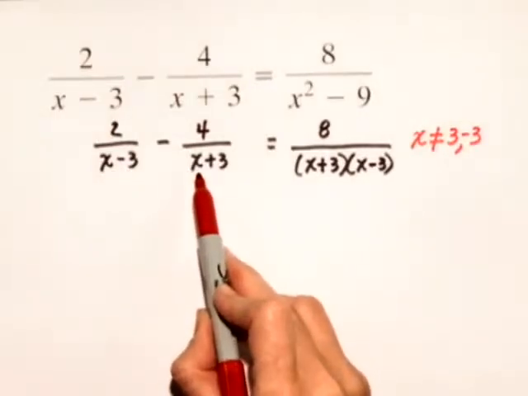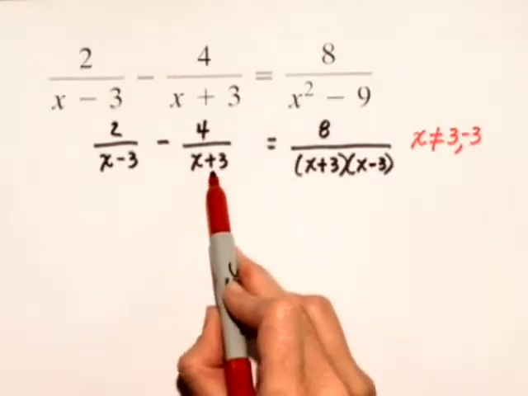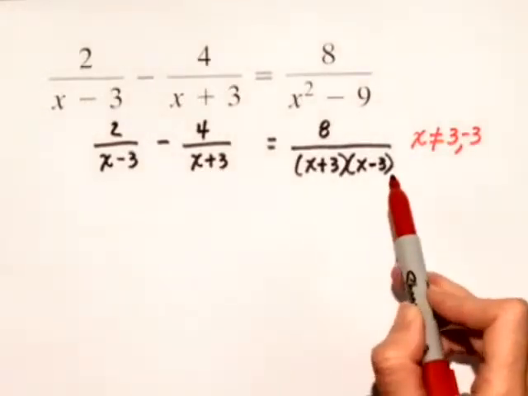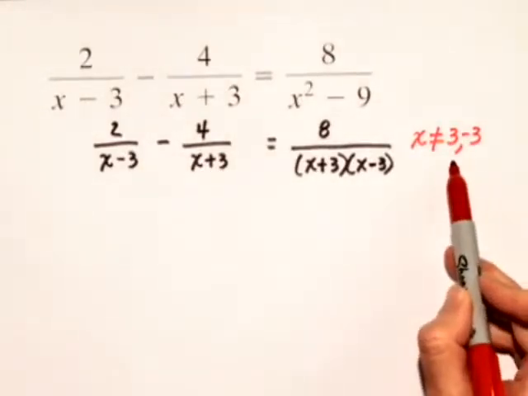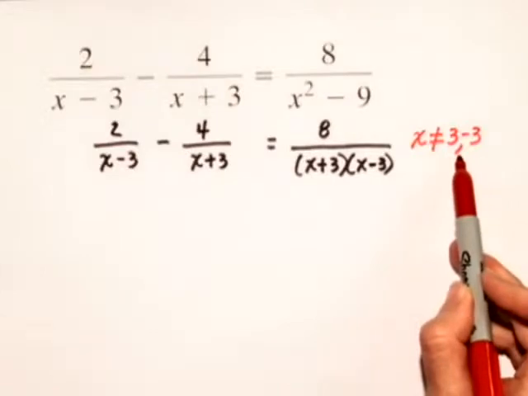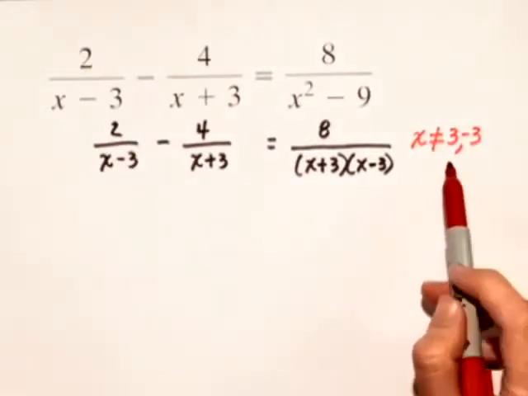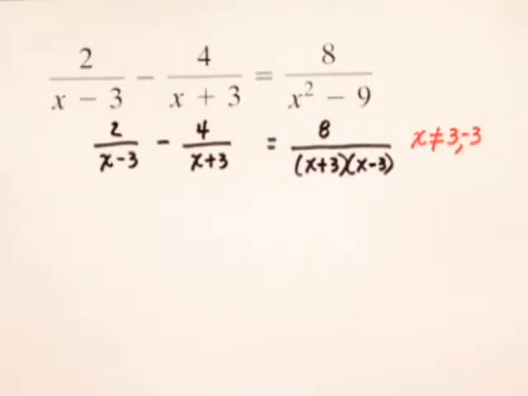And in the second fraction, if we substitute negative 3 for x, that would again give us 0 in the denominator. So keep in mind what your restricted values are, remembering that 3 or negative 3 in this case cannot be part of the solution set. Now let's get on to solving the equation.